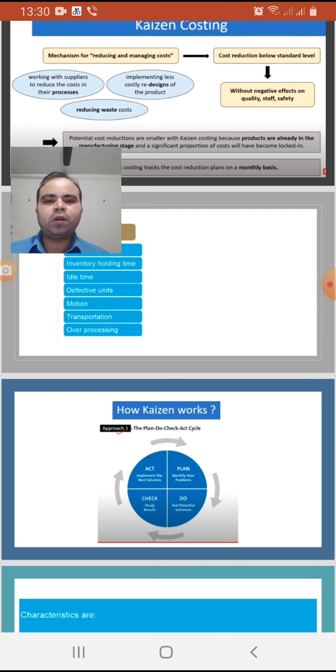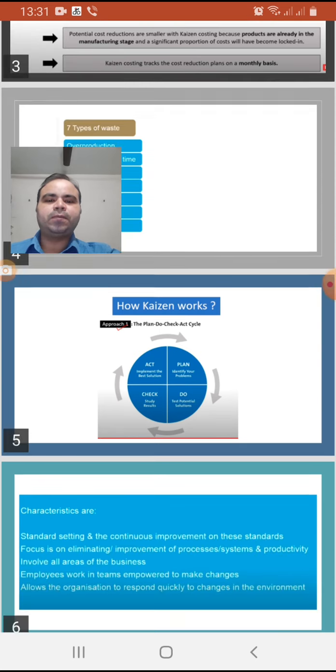And last but not least, overprocessing creates waste. And one of the key aspects of the Kaizen costing system is to identify where the overprocessing is occurring, and eliminate this overprocessing to reduce waste.